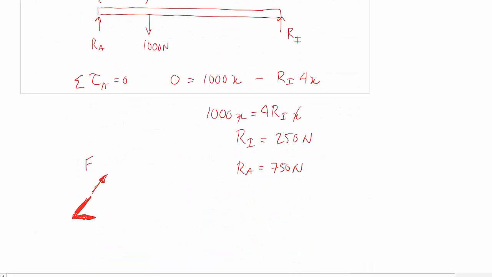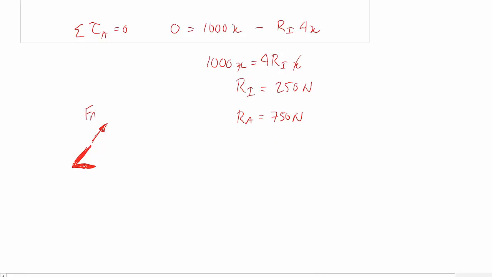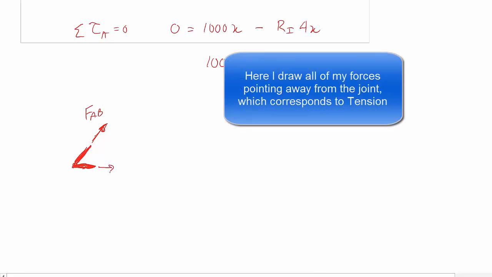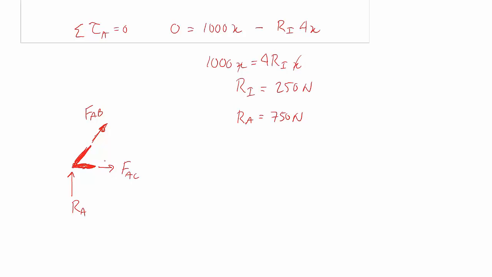It gives us a good way to label each force. And then there was this RA. You can see I've drawn both of these forces as showing tension. They're showing that this force is pulling on the joint and this is pulling on the joint. But we'll see what happens when we do some calculations here.